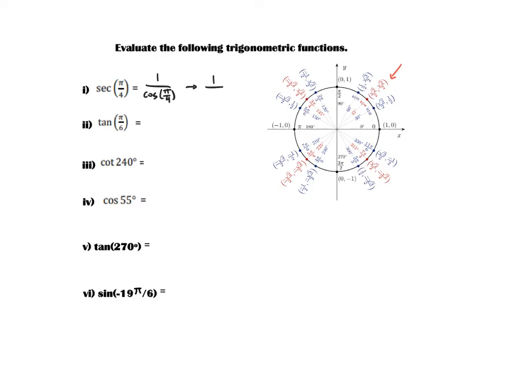But the cosine of pi over 4 is the x value, root 2 over 2. Okay, the reciprocal of that is 2 over root 2. So right there, you're done. That's the secant of pi over 4. If you choose to go further, you can, which I believe ended up being root 2. That's equivalent.